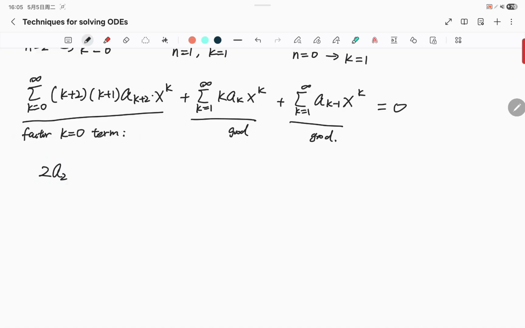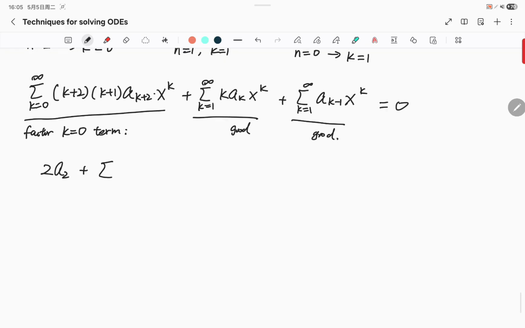And now we can combine all the series. The series are now starting from k equals 1 all the way to infinity. We also have the common term x to the k.